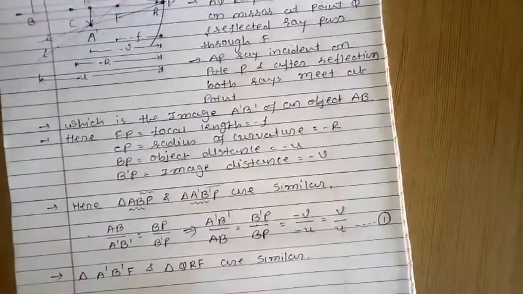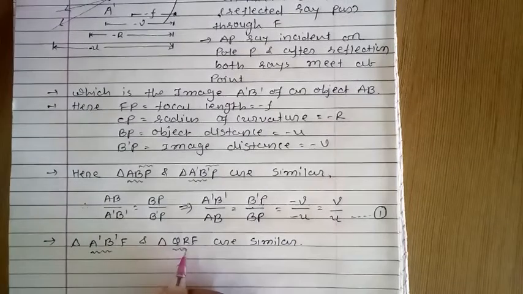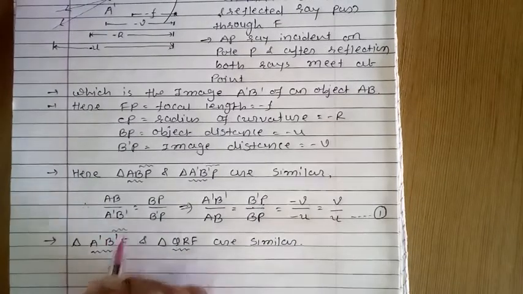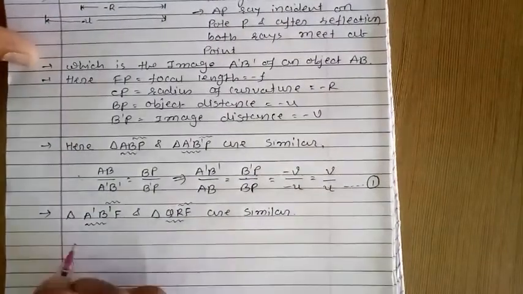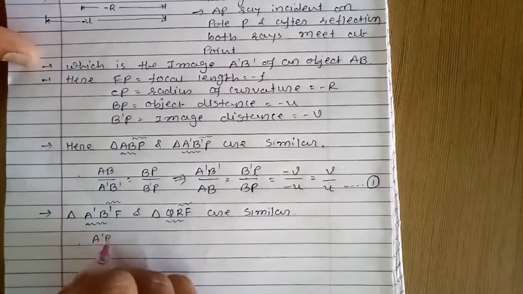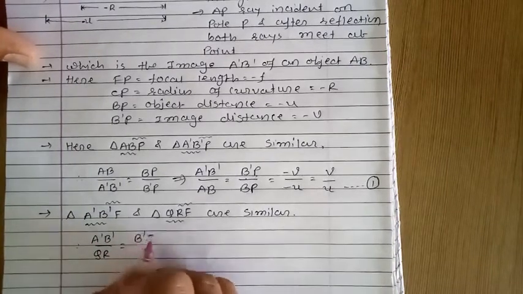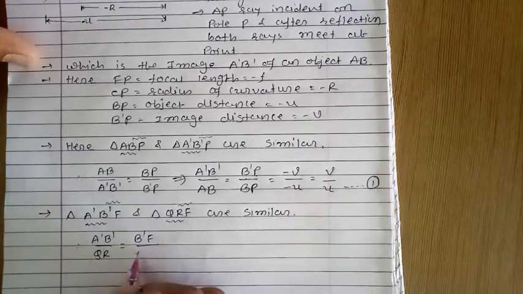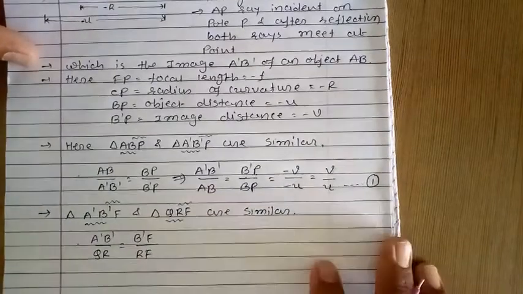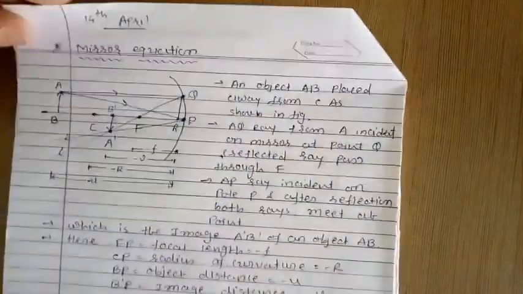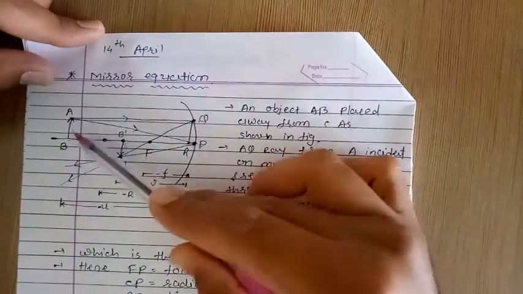See here, A dash B dash upon QR is equals to B dash F upon RF or FR, right? You can see from the figure that AB and QR are same.